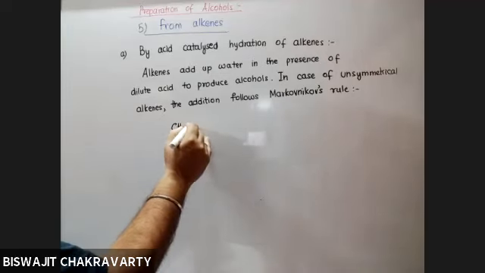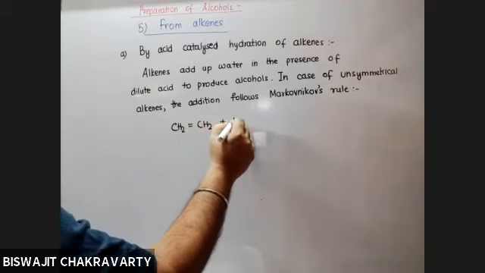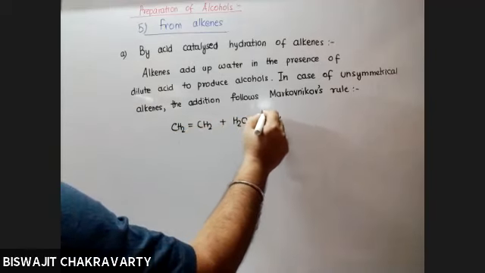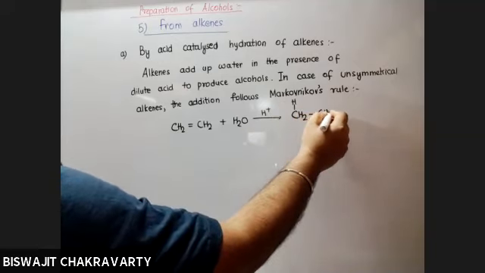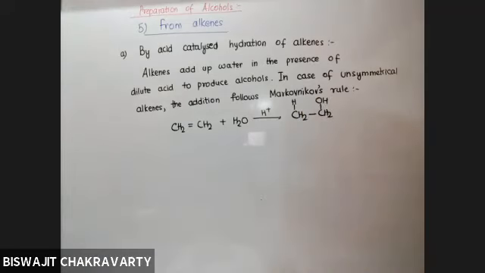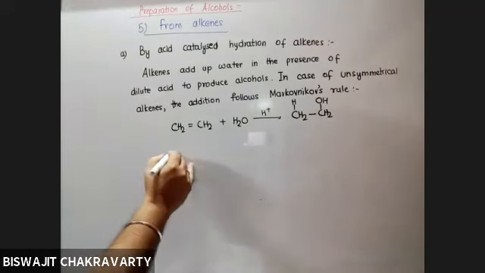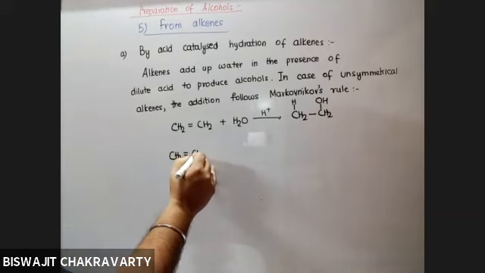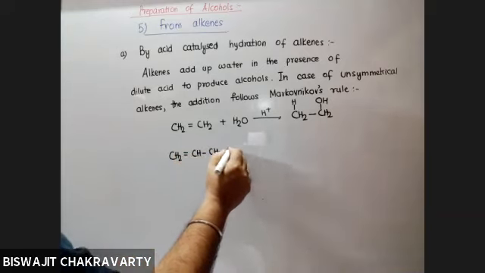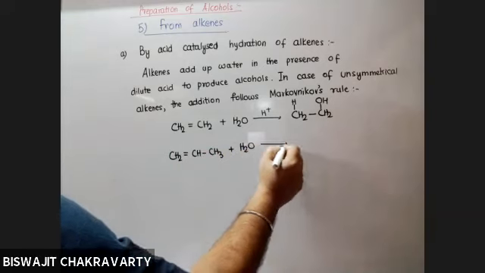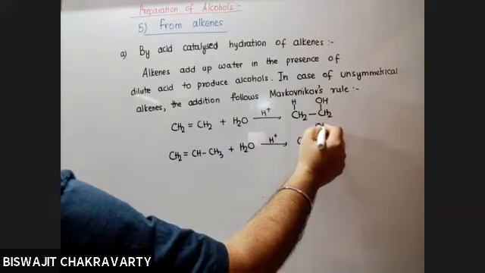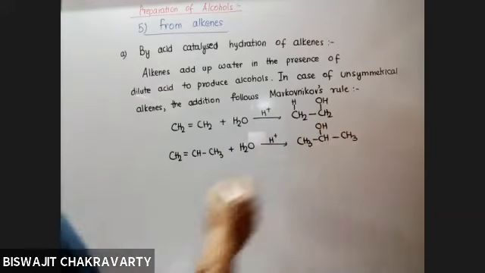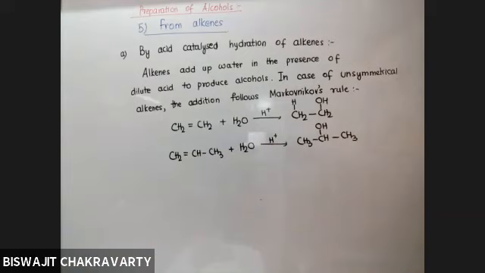So first you take a symmetrical alkene, treat this with water in the presence of acid, you get alcohol. But if it is unsymmetrical, in unsymmetrical, Markovnikov's rule will be followed. Understood?